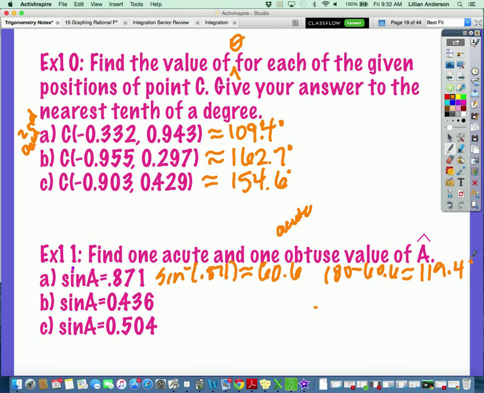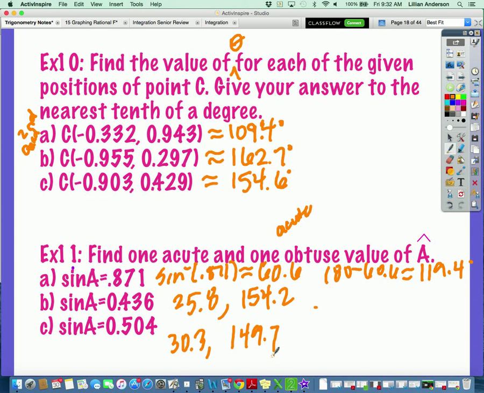And you keep going. What about for this one? What was one of your angles? 25.8. That was your acute angle, so then your obtuse angle would be? And for the last one, what would you get? 0.7.